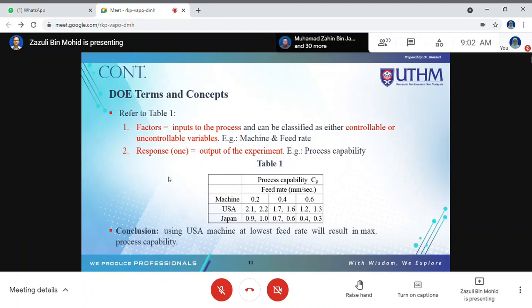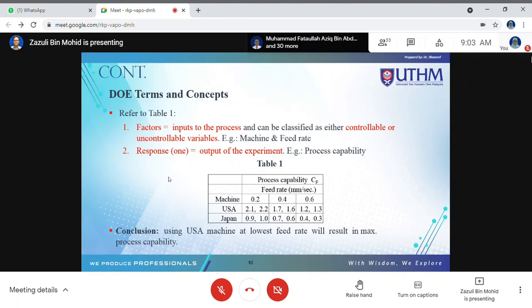So in this slide, table 1 shows the process capability based on a factor, which is the feed rate. Feed rate is the factor, and we also have another one, which is machines. Machines from the USA and from Japan.